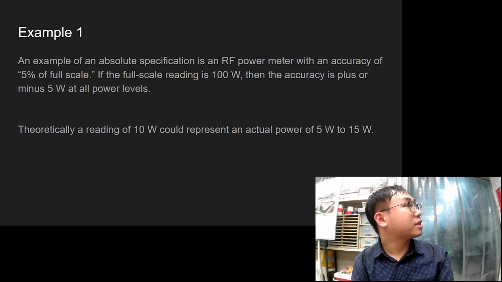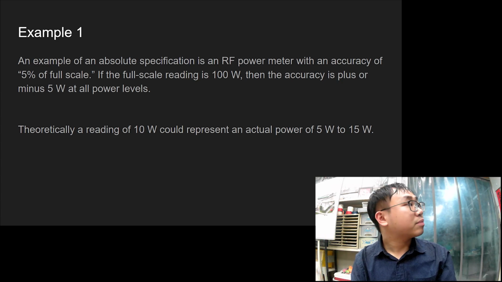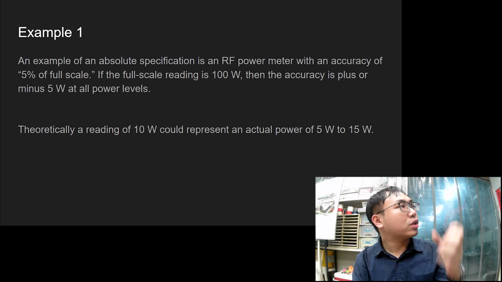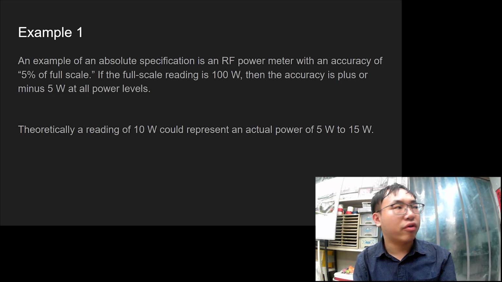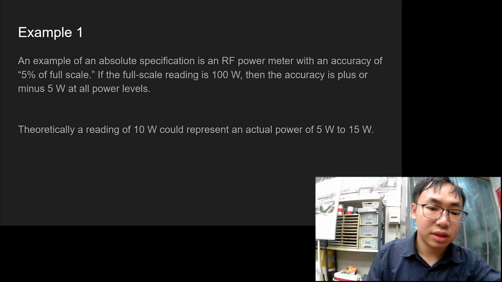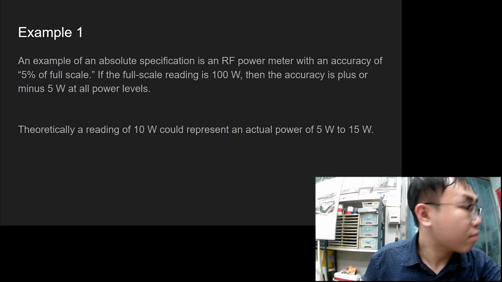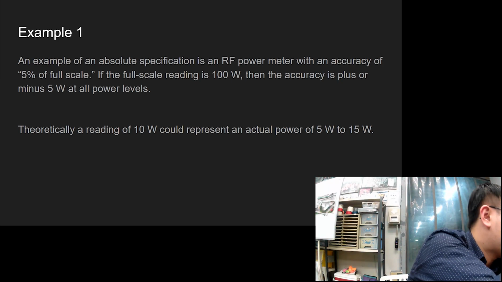It is plus or minus 5 watts. But this creates a problem. If you are not using the full scale of 100 watts, and you are just using one tenth of it, 10 watts, it could still have an actual power of 5 watts to 15 watts. Easy to understand, right? I guess it is easy to understand.